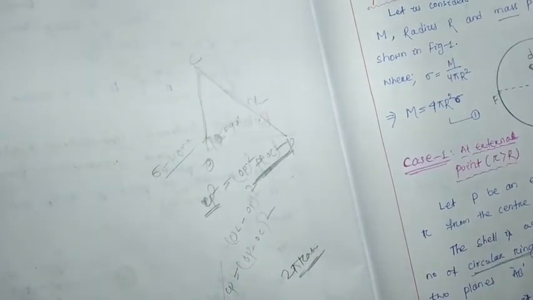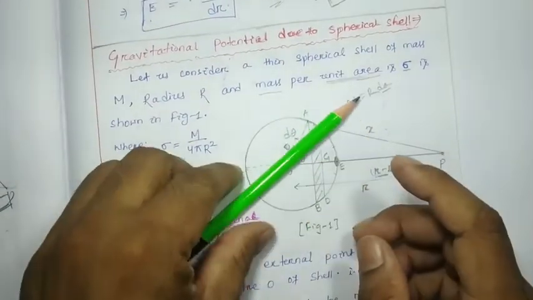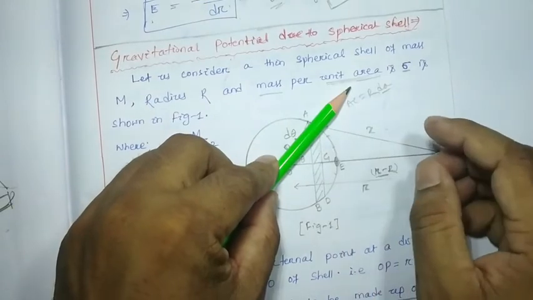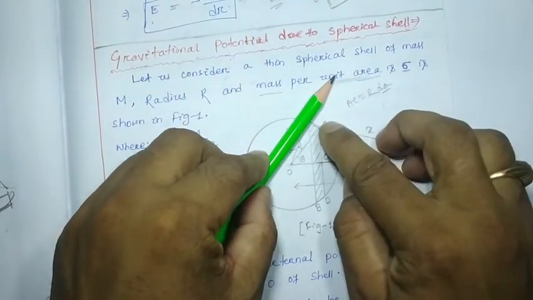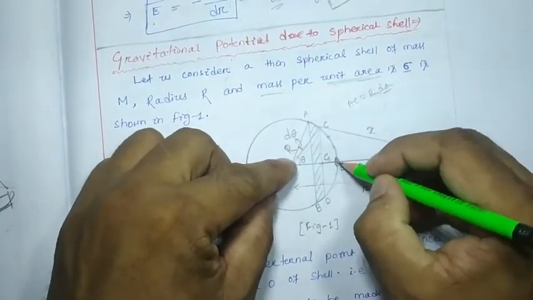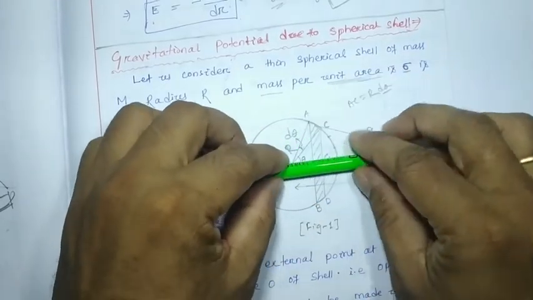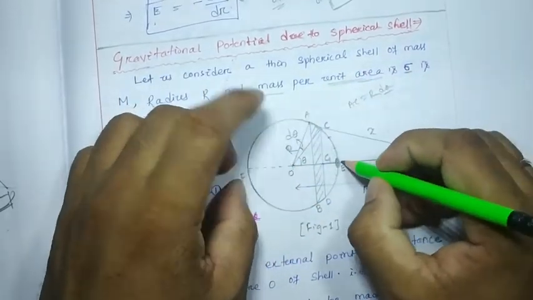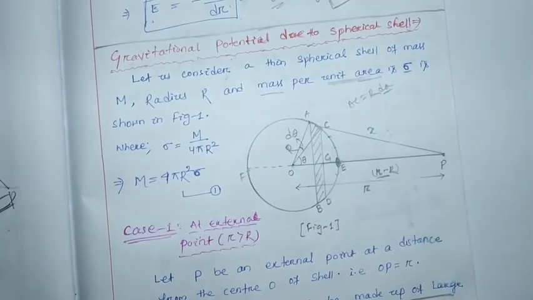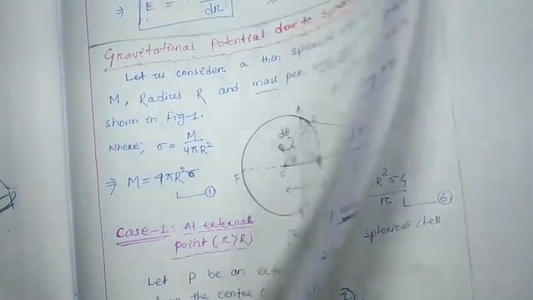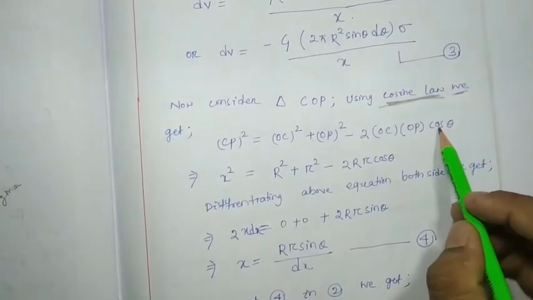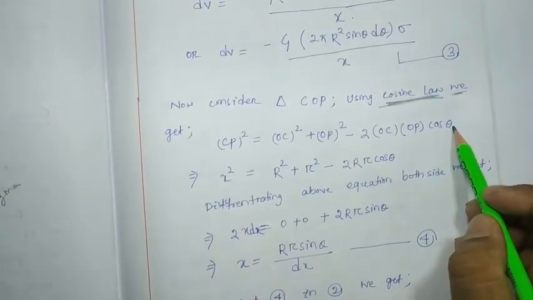Now if theta equals 0 degrees, OC is here, and theta 0 means C will be here. Here theta 0 means cos theta equals 1.